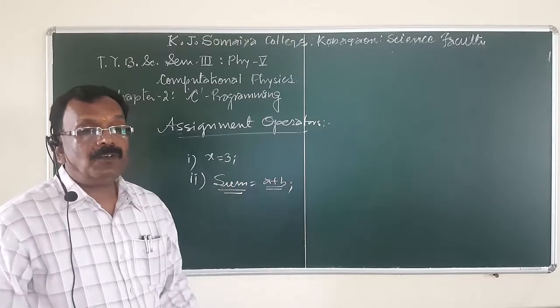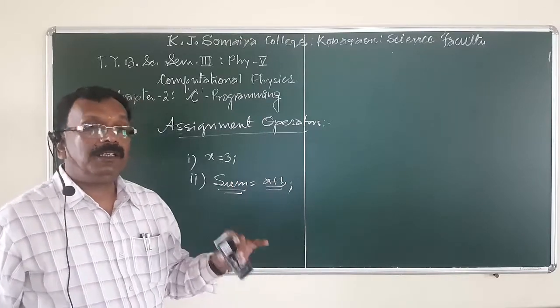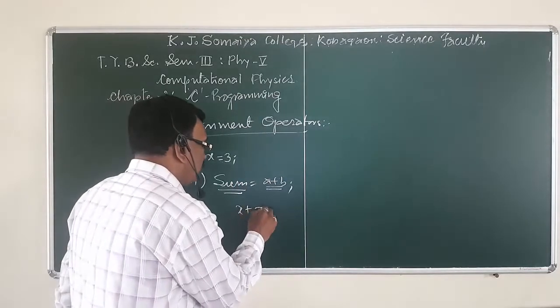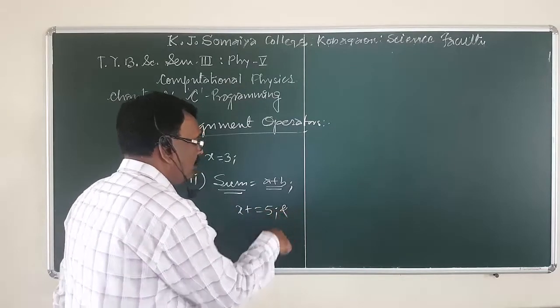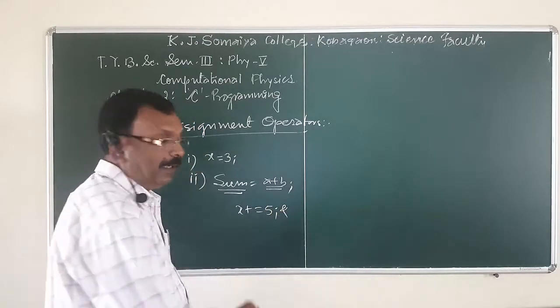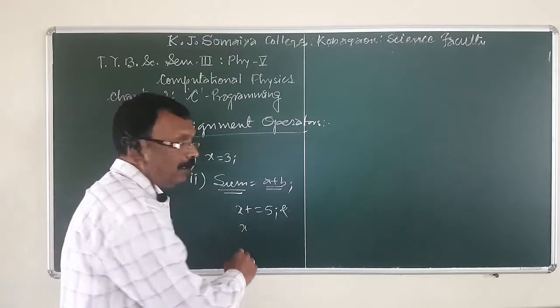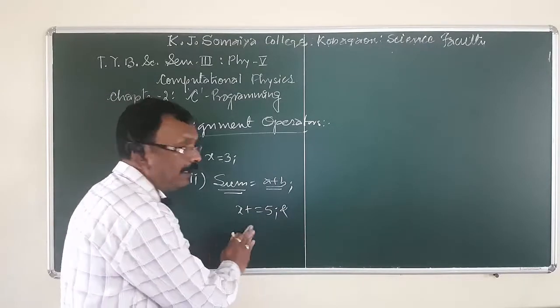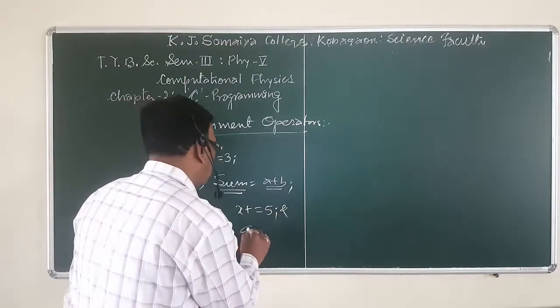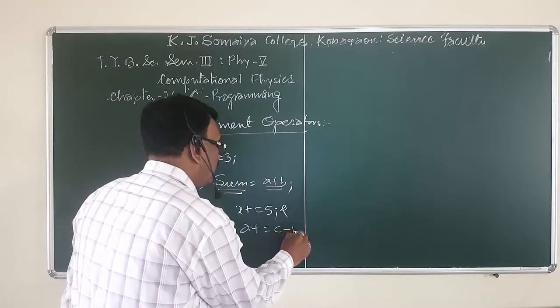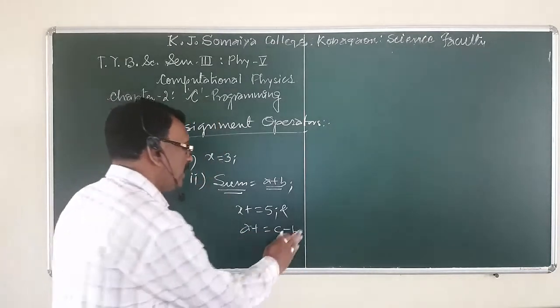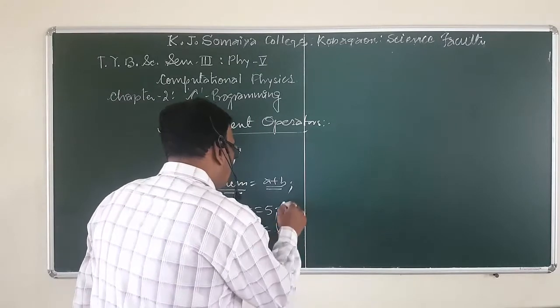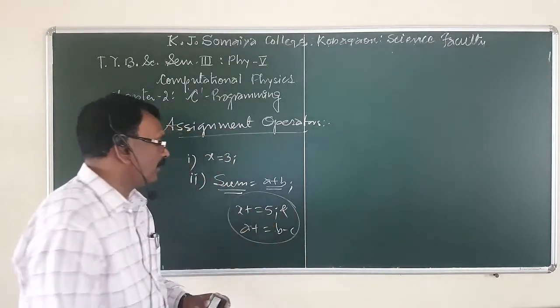Okay. Now again here remember x plus is equal to 5, one more operator, and we can take another example, like this, A plus is equal to C minus B, or B minus C, whatever it may be. What is the meaning of these two?